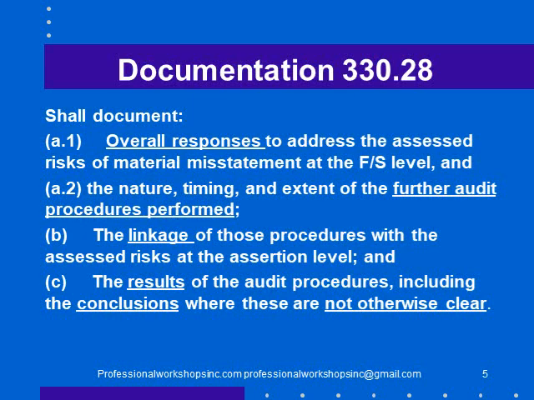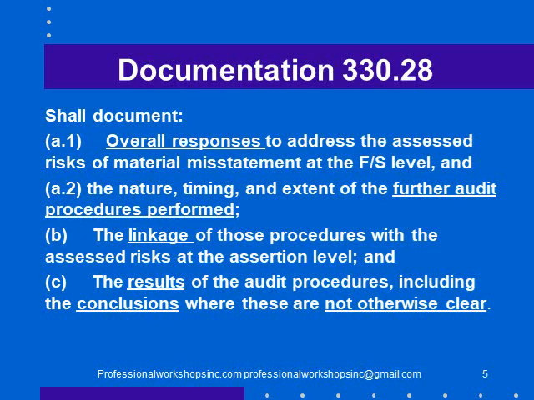Now, the other documentation paragraph that I think is important and often overlooked is this one. You document overall responses. You document nature, timing, and extent of further audit procedures. Note extent is now the last thing we document because nature is the most important, timing is the second most important, and extent is the third and least important thing.